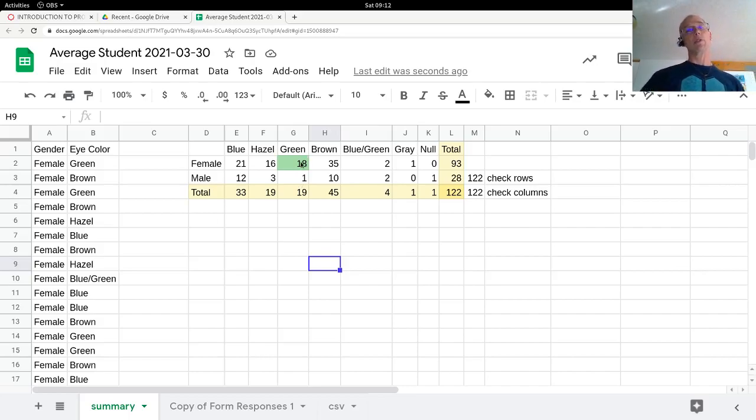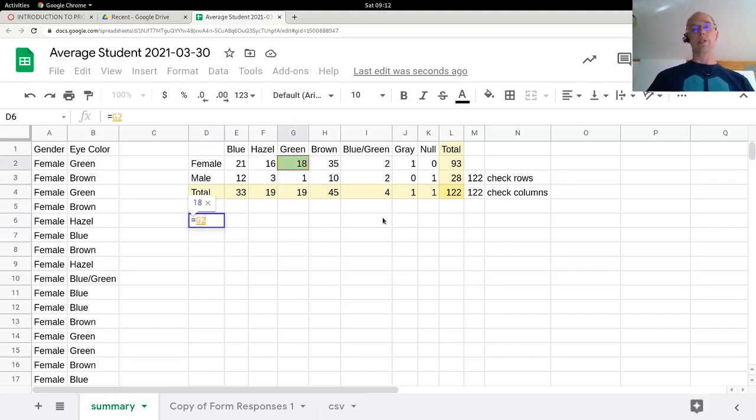So for example, focus for a minute on females with green eyes. So what percent of the sample has females with green eyes, females and green eyes? That percentage would just be to take the number of green-eyed females and divide by the total number of people in the sample.